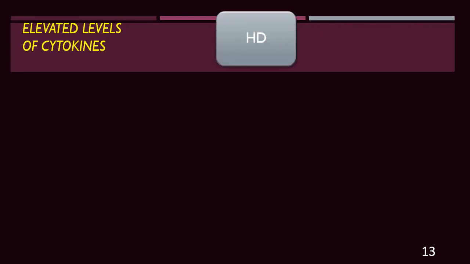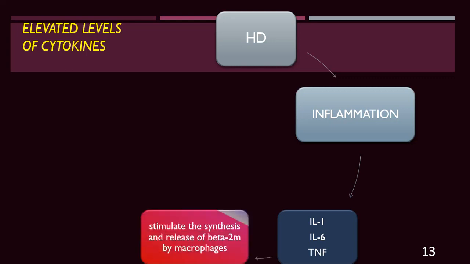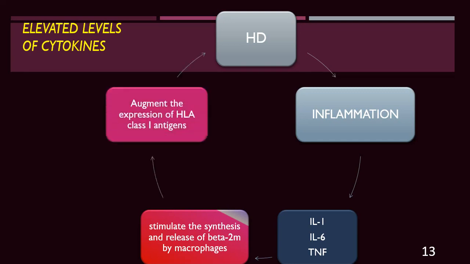Elevated levels of cytokines from the hemodialysis procedure, inflammation, and retention of cytokines stimulate the synthesis and release of beta-2 microglobulin by macrophages, and augment the expression of HLA class 1 antigen.